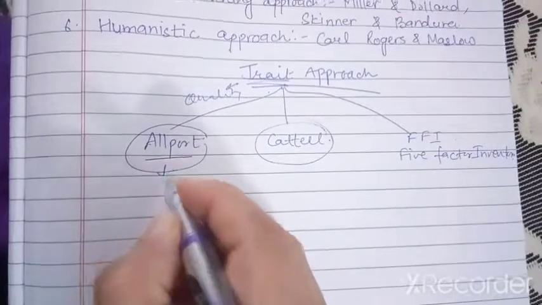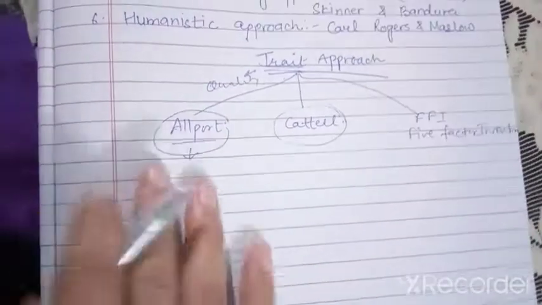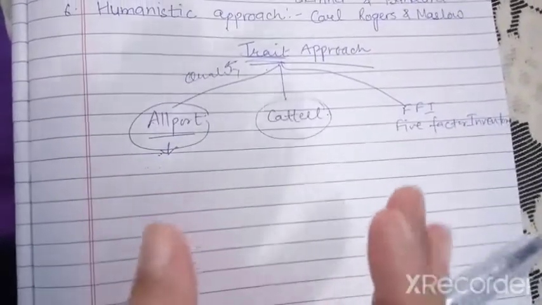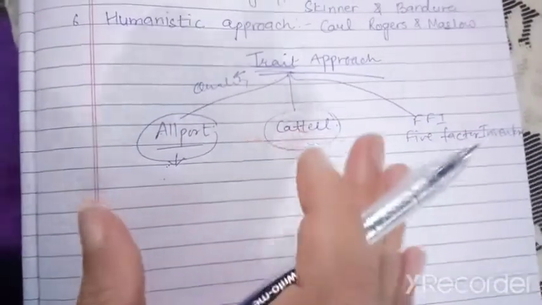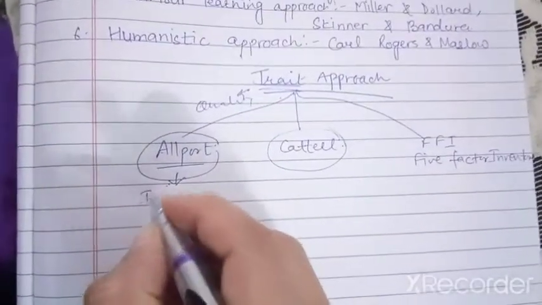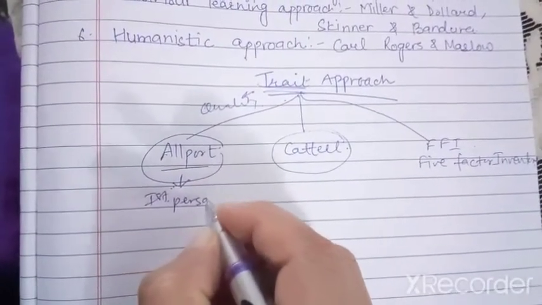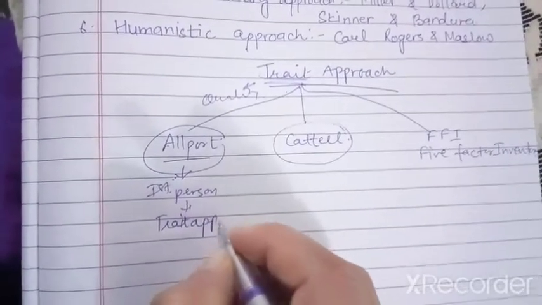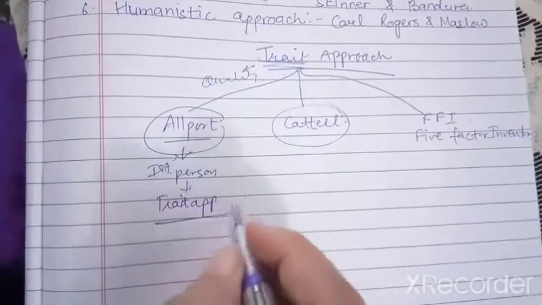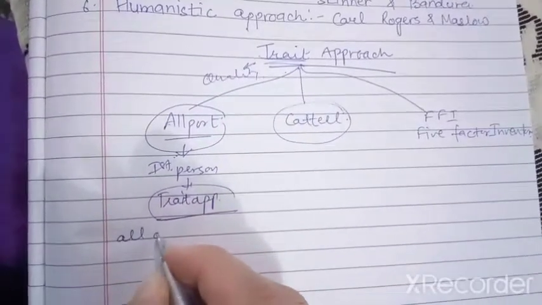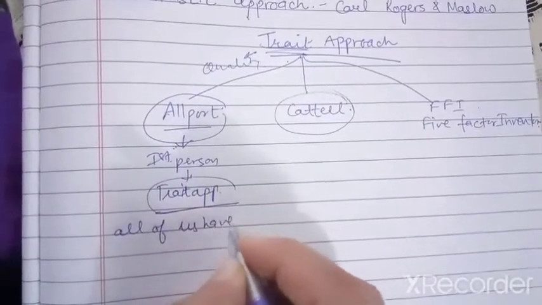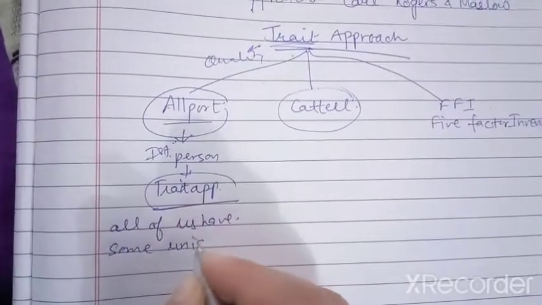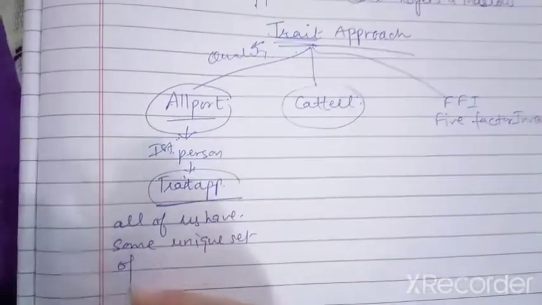Now we are going to discuss what Allport said about this trait. Let me explain in the simplest form what he said. He was the first person who adopted the trait approach. He said that all of us have a unique set of qualities.